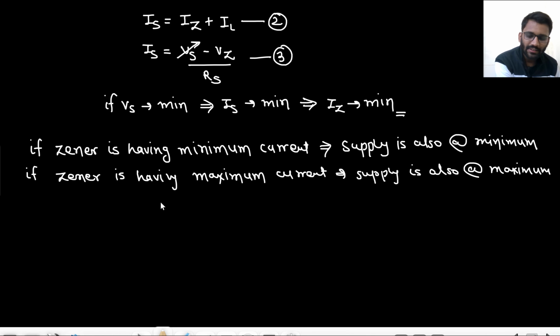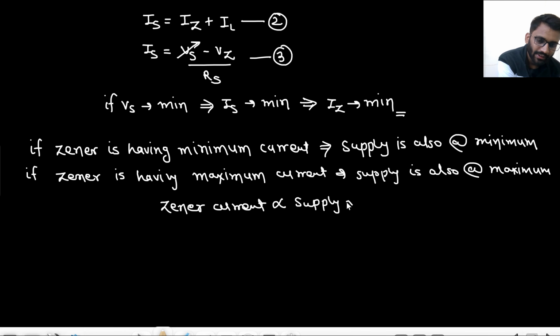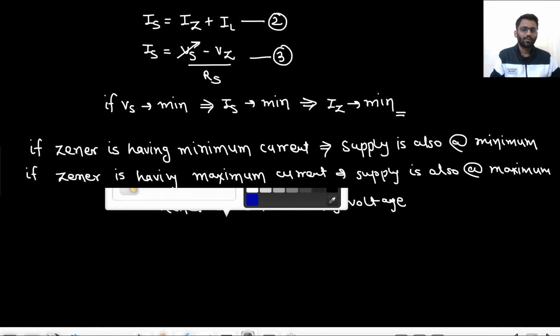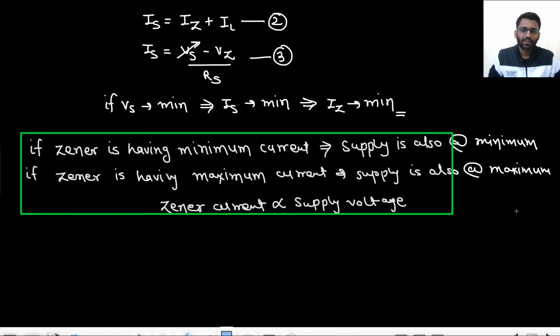So you can say the Zener current is proportional to the supply voltage. If the supply is less, that means the Zener current will also be less. So this is the most important point.